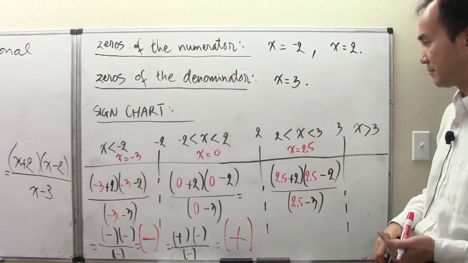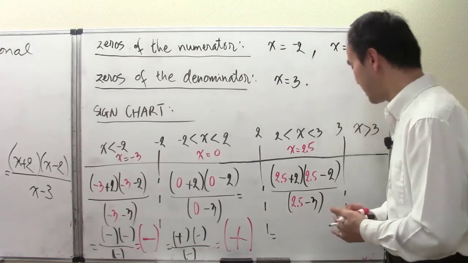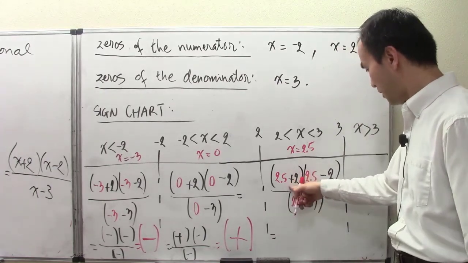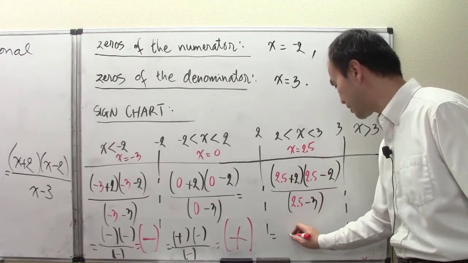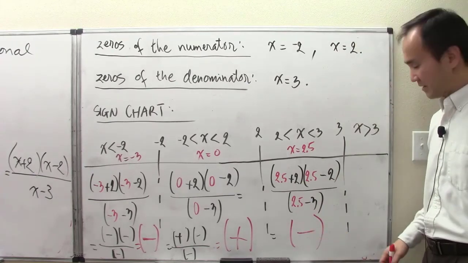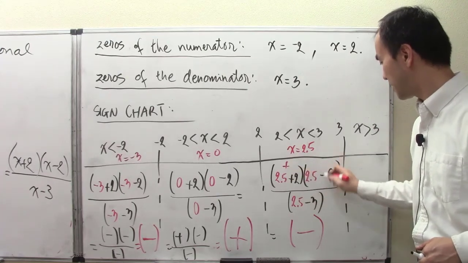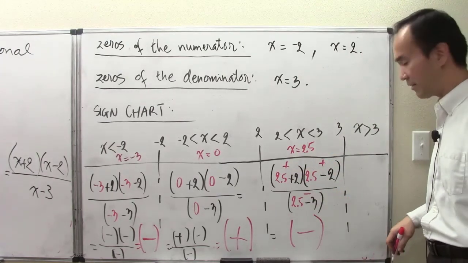All right, so at this point, I'm going to pick up the pace. That's positive, and that here is negative. So my overall sign here is negative, because once again, this is positive, this is positive, and this is negative. That's what my arrow is indicating.